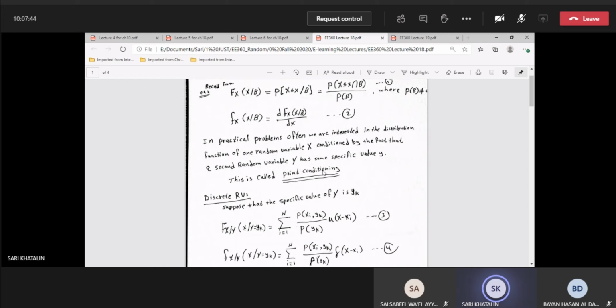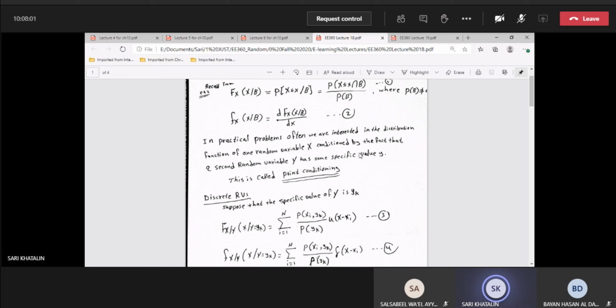Now, in some cases, we are interested in finding the distribution of a random variable conditioned on a specific value of another random variable.